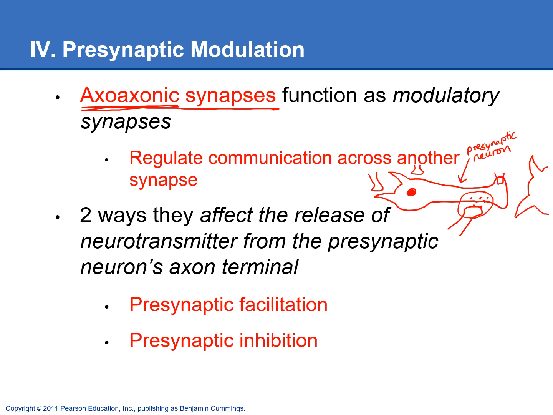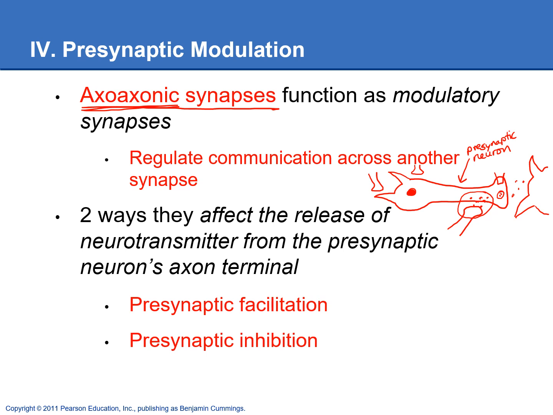Remember, when those voltage-gated calcium channels open, they let calcium into the axon terminal, and that's going to cause the exocytosis of the vesicles that are storing the neurotransmitter and cause the release of neurotransmitter into that synaptic cleft.